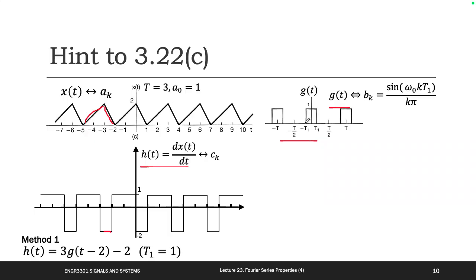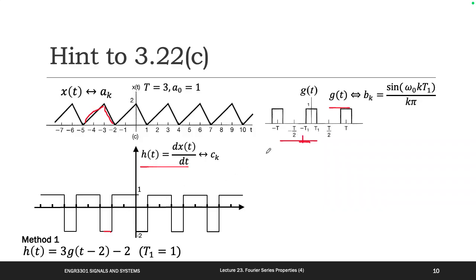Actually there are two different methods. The first one is you try to shift this GT left by 2 units, am I right? Which means here the T1, firstly, should equal 1 because the total is 2. So this is 1.